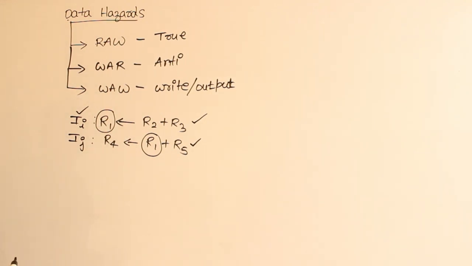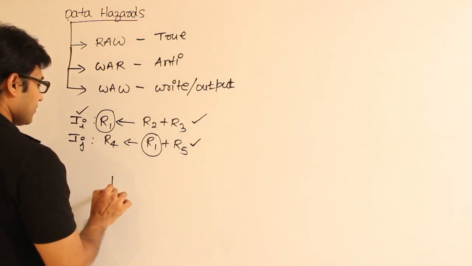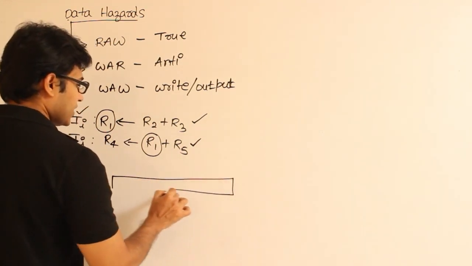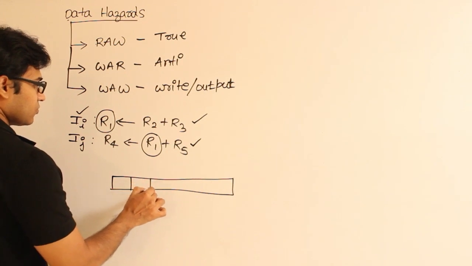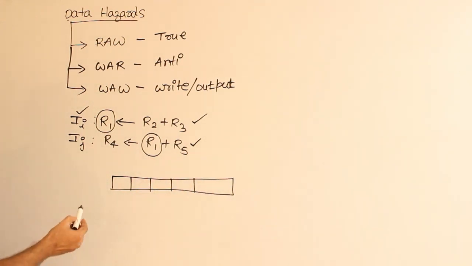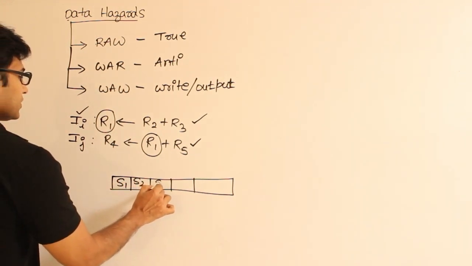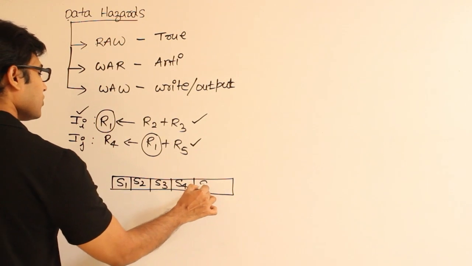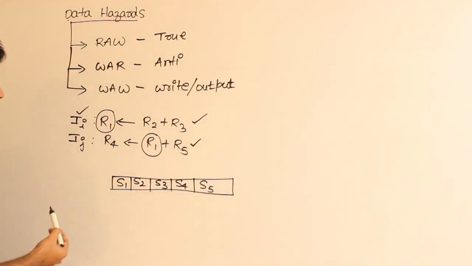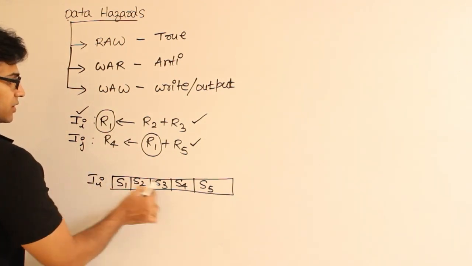Got it? So you can think of it like this. Let us assume that we have a 5-stage pipeline: stage 1, stage 2, stage 3, stage 4 and stage 5. Ii is going to be executed in this one.